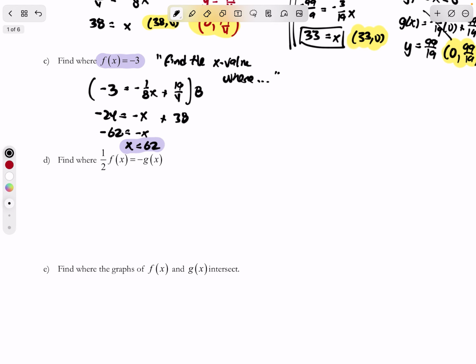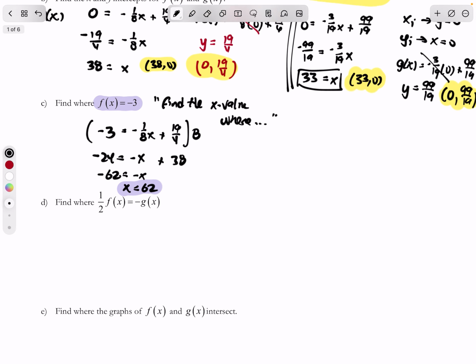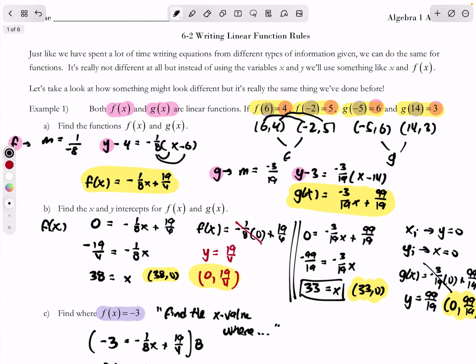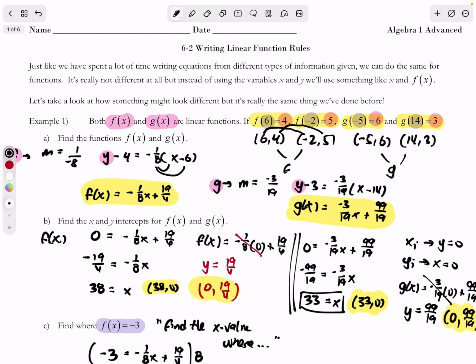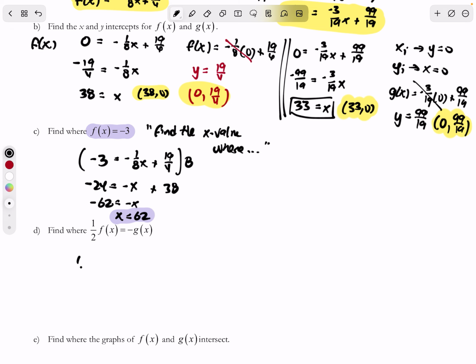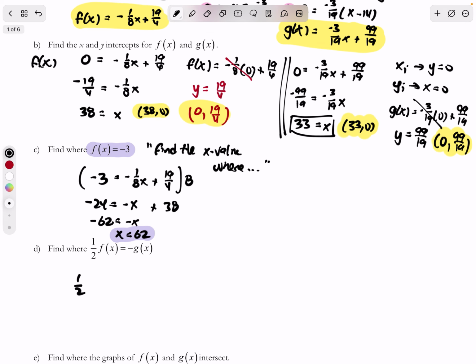So find where. Now letter D says find where 1/2 of f of x. So I'm going to take 1/2 of f of x, which is 1/2 of negative 1/8 x plus 19/4. I remember doing this one the other day. It's a little messy. Equals negative g of x.